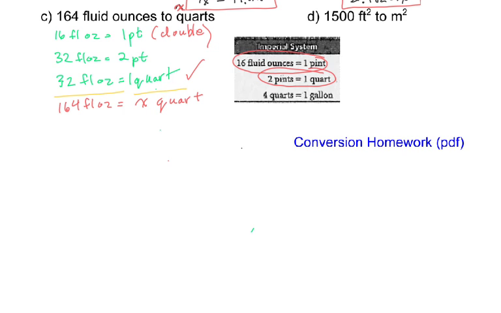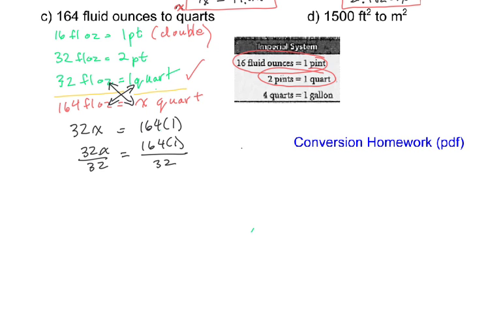Then we're going to set up our cross multiplication. Notice we have 32x on the left side. To get rid of it, we're going to divide both sides by 32. And our final answer is x is equal to 5.1 quarts.